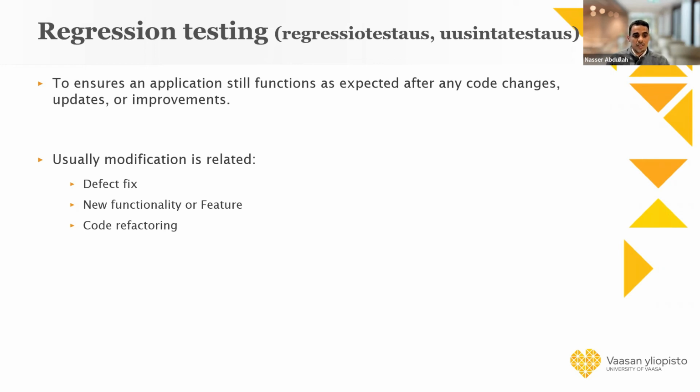It's done after modification, and the modification can be defect fixes, new functionality, or code refactoring. For example, you want to improve your code, you test your application, and then you decide to change something, like using an ArrayList instead of an array. Now you make that change, so you do regression testing, not another type of testing.